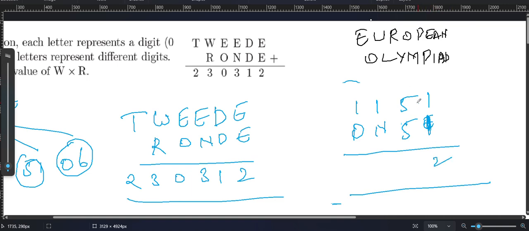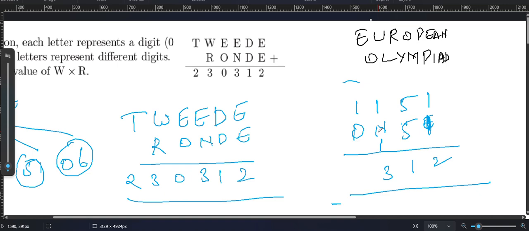They add up producing 12. So here the number exactly below N is 3, so N has to become equal to 1 in order to achieve it. That is also not possible. Even the possibility of taking 5 and 1 doesn't work here, because the sum exactly below N is 3.